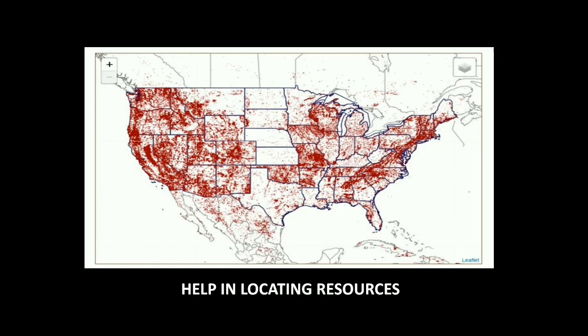For example, in this map we can see the red indication, which is showing those areas where resources are in abundance. That is one thing, and it also helps in aiding tourists.